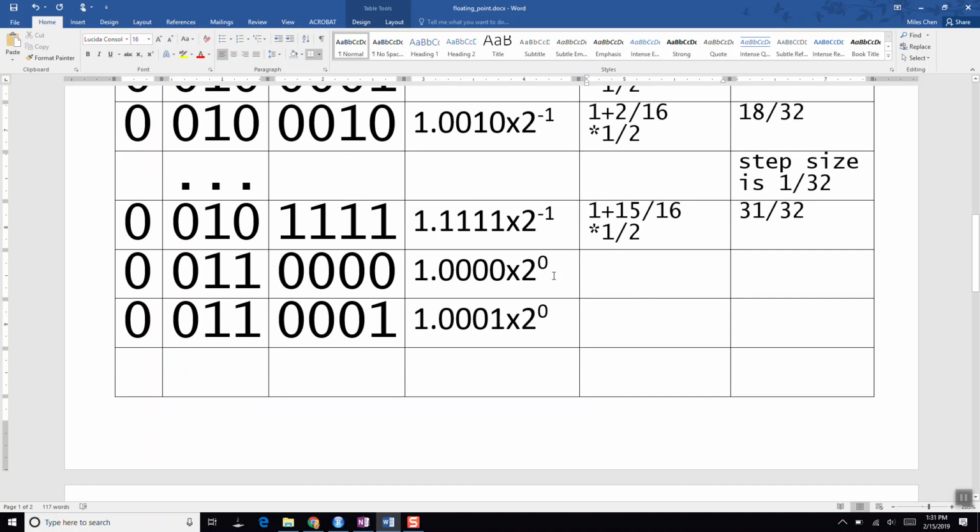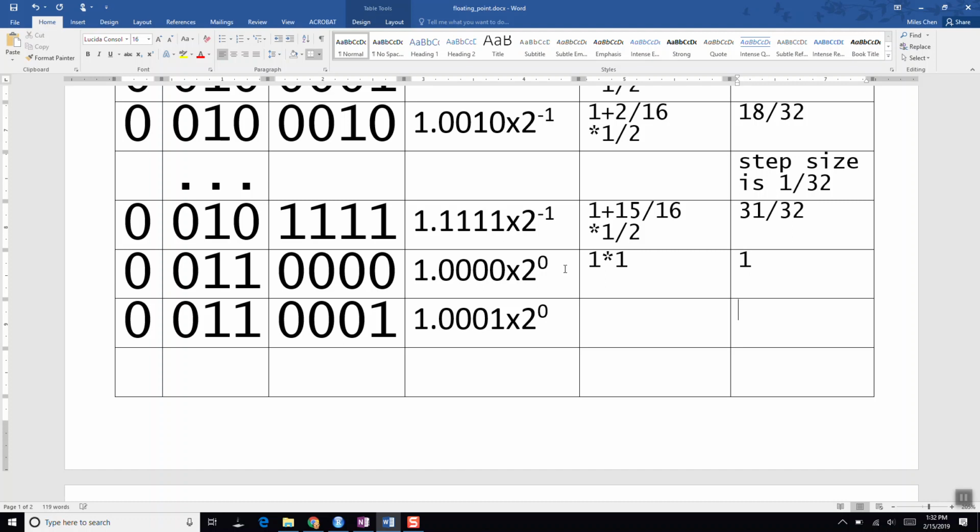And then what do I have here? Now that this has maxed out to 1, 1, 1, 1, it rolls over to 0, 0, 0, 0, and my exponent rolls up to 0, 1, 1. So my exponent, after I apply the bias, is 2 to the 0, or 1. And so I have 1 times 1, and we have 1.